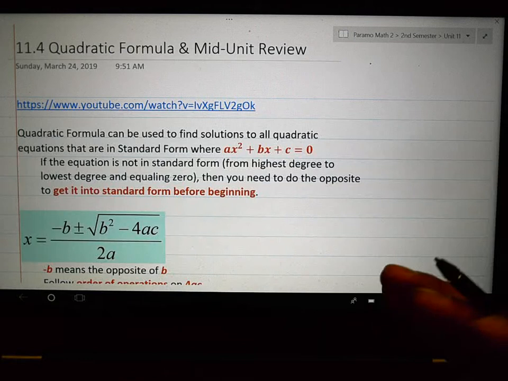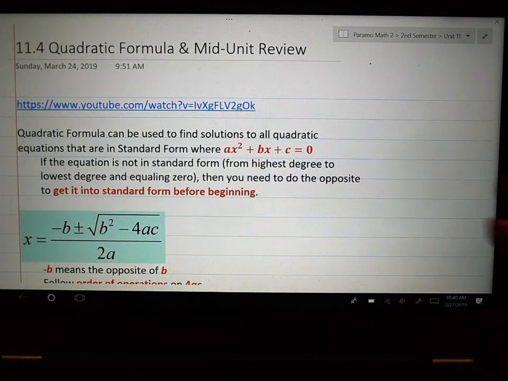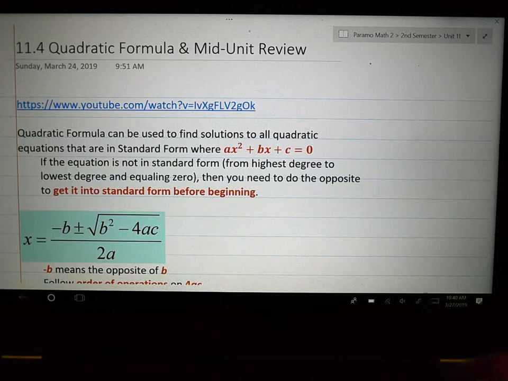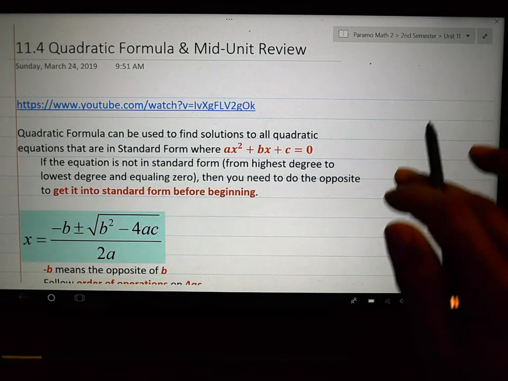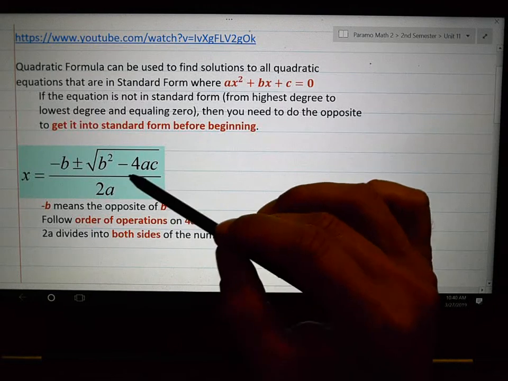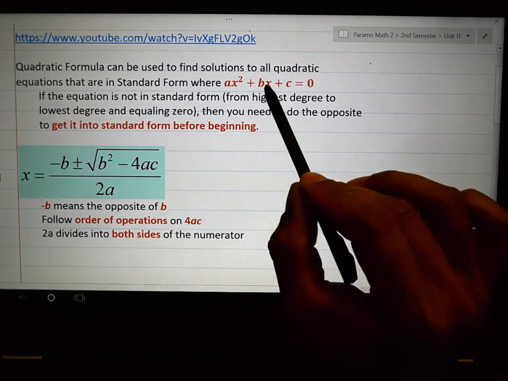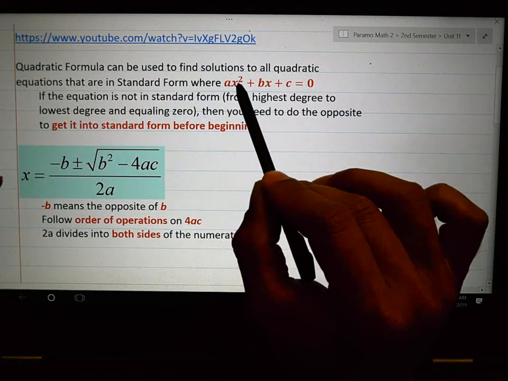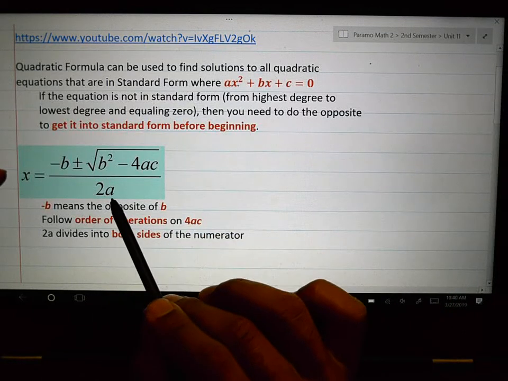So if something doesn't factor nice and neat, it's nice to have a strategy or a technique that works for any quadratic function. The quadratic formula is a formula in which you plug in the coefficients, that means the numbers in front of your x or in front of your x squared, into a formula.